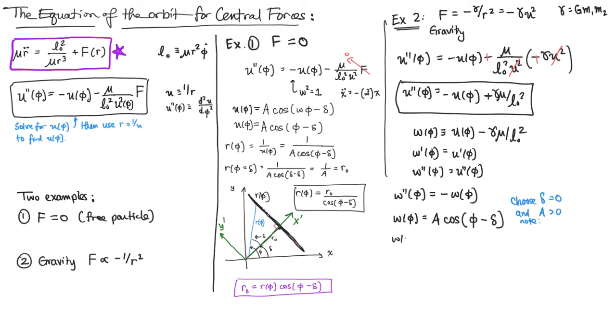So now we say w of phi is just a cosine phi. We've gotten rid of the delta. And if we know w, then we can find u, because u is w plus this constant. So the next step is to say, now I know what u is, plus gamma mu over L naught squared.